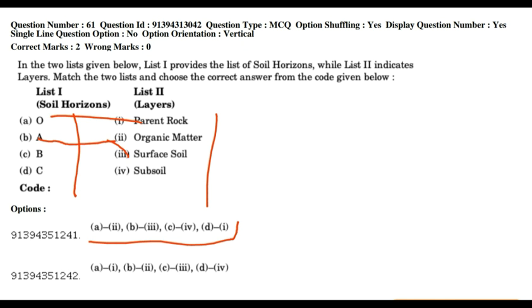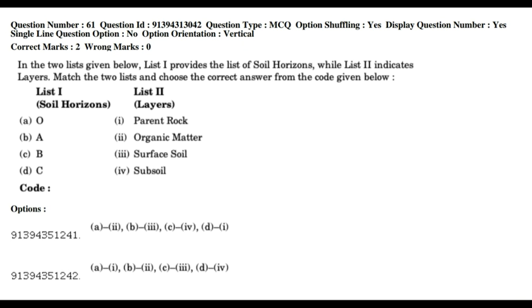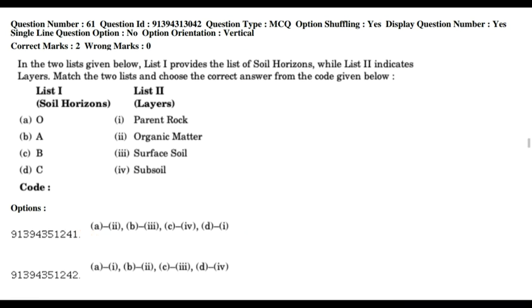C will be linked with fourth and D will be linked with first. Sorry, D will be linked with subsoil. Okay, so this is the right answer. Next question.